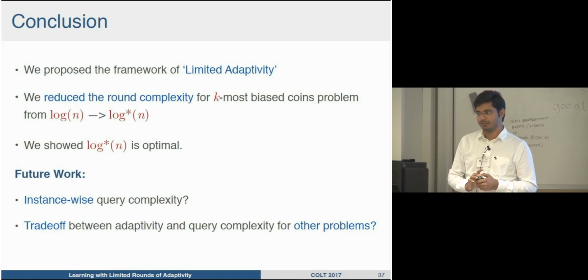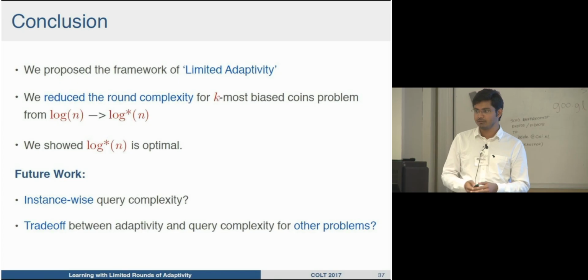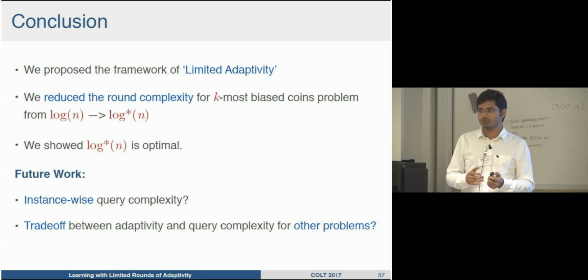Does it extend if you don't know? Yeah, so basically there is a difference between worst case algorithms and instance-wise algorithms. Instance-wise algorithms are more adaptive, so they can adapt to the gap. So basically the idea is you have to go from worst case to instance-wise if you want to adapt, like learn the gap.